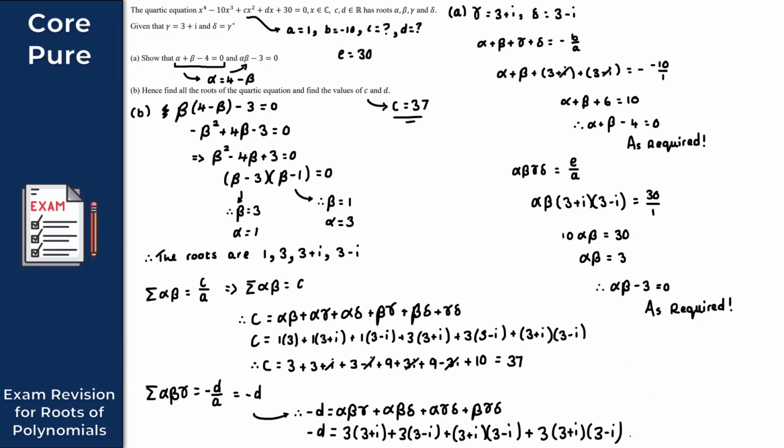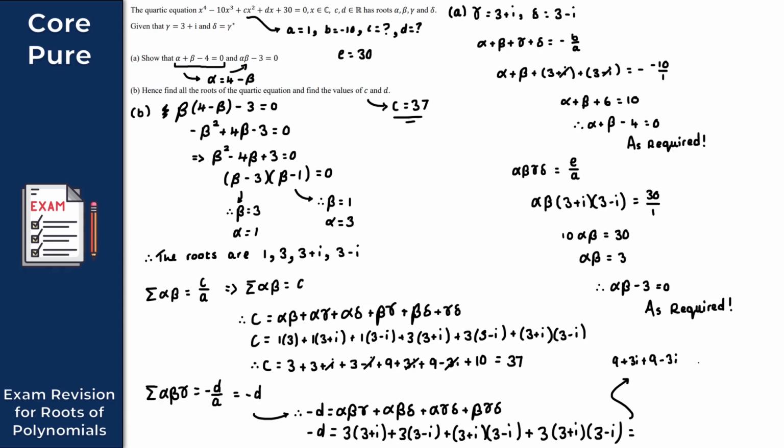So to finish with here then, let's just expand and simplify. As you can see, I don't have a whole lot of room here. So let me just do the simplification above here. So 3 lots of 3 plus i, that is 9 plus 3i. Again, I get 9 minus 3i here. This here is a difference of 2 squares, right?